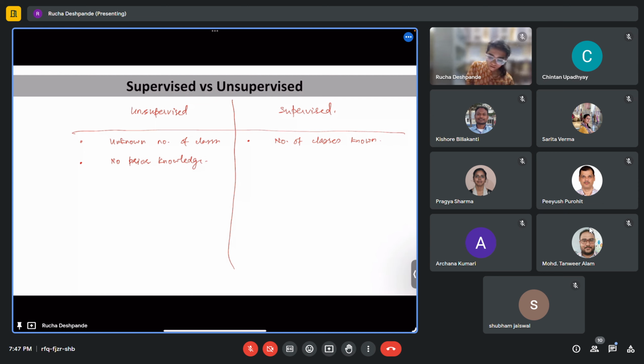Here we would have no prior knowledge about the data or how the classes are going to be. Here, the classification is based on a training data set. Here the classes would be based on spectral properties.